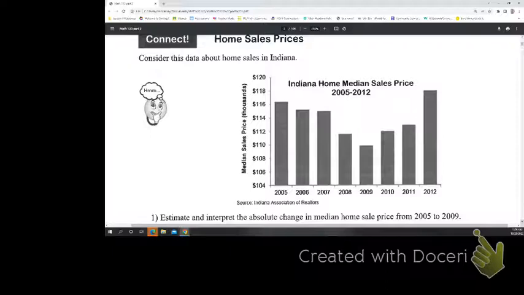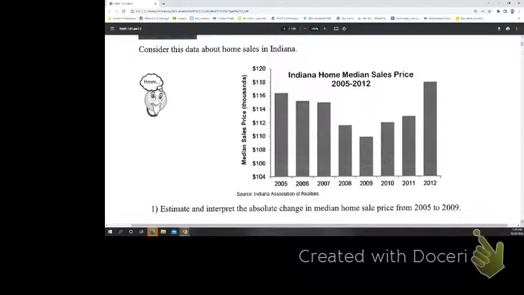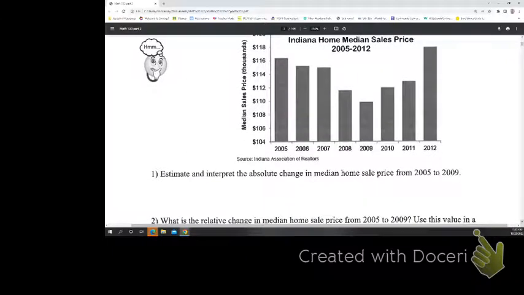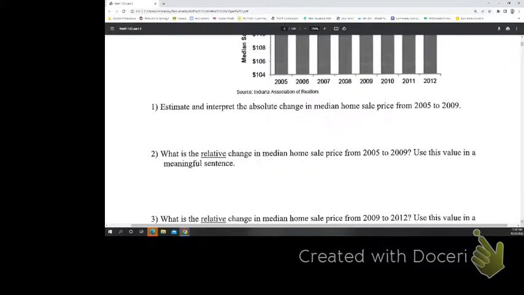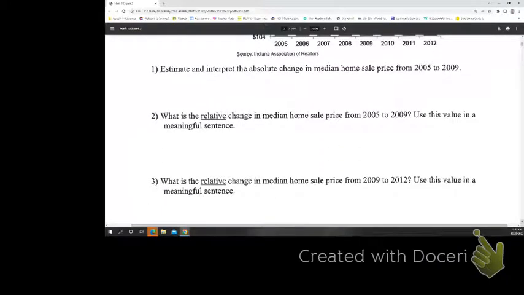I mean, again, these are not exact, but we'll go to the nearest 500 that we can figure out. So from 2005 to 2009, we can kind of just see by the graph that the median sales price of Indiana homes went down. So we would get a negative number if we take 2009, take away 2005.